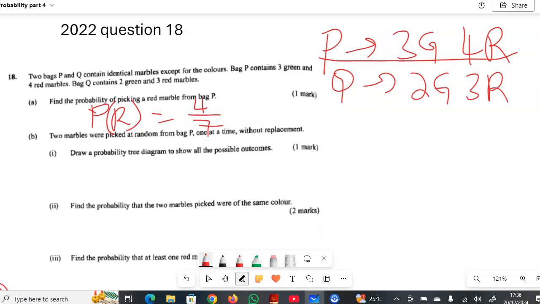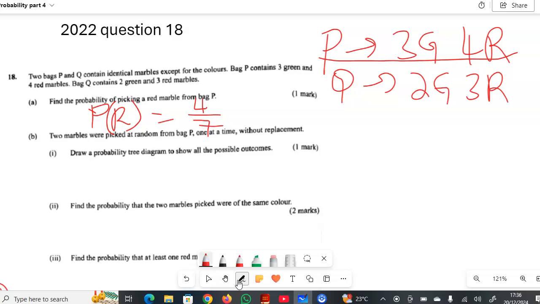Then part B, we are told that 2 marbles were picked at random from bag P one at a time without replacement. So we have to draw the tree diagram to show the probability outcomes. So from P we have 2 scenarios. We can either get a red or green.